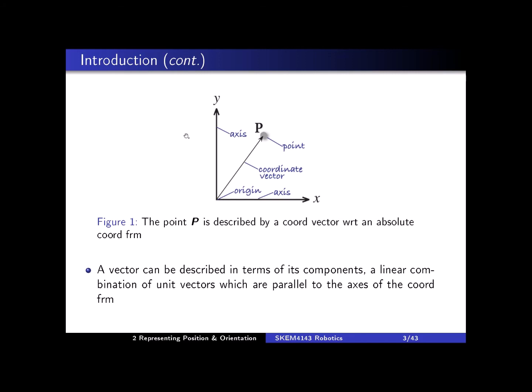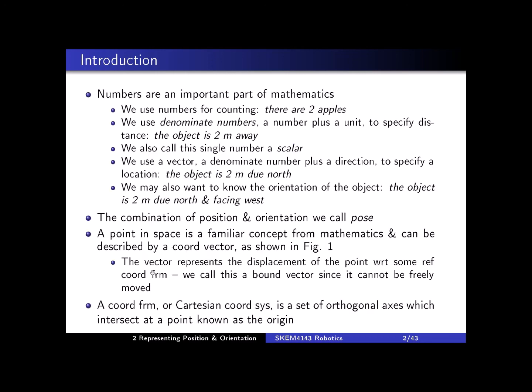These axes are perpendicular to each other, 90 degrees, and the intersection of the axes is called the origin, as you know. Normally a point is represented by a vector, and a vector can be represented by a line. So the vector represents the displacement of the point with respect to some reference coordinate frame.